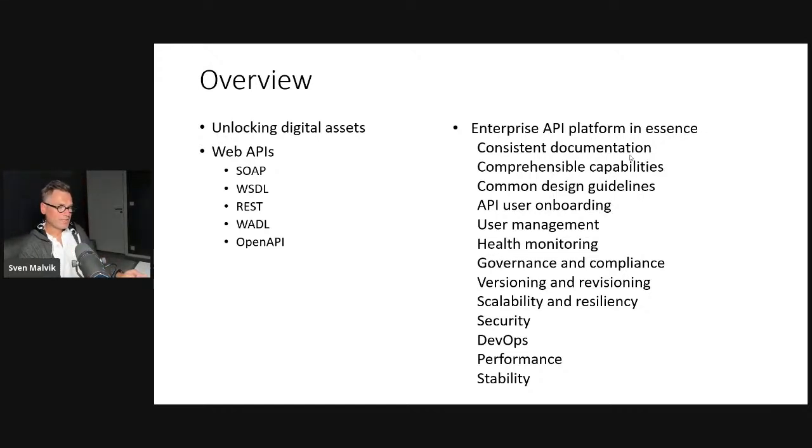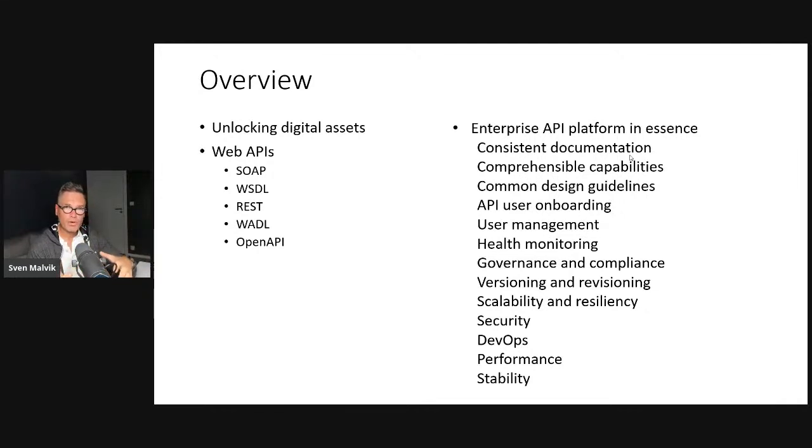So what an enterprise API platform gives you, in a sense, is really consistent documentation. The documentation is the same for all the APIs. That wouldn't be the case if you have 100 applications from 100 different teams. The documentation would look different, basically, and you would have a different environment and so on. But here you have it really consistent.